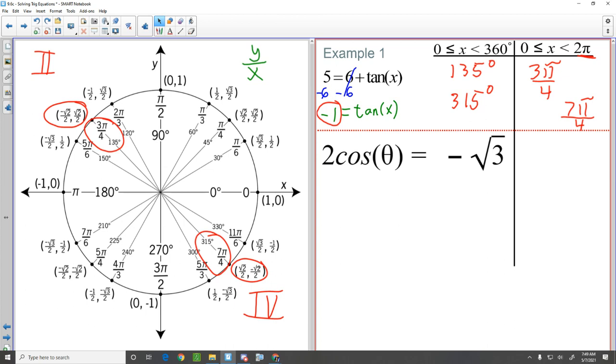So get the cosine by itself first. Yeah, awesome. Yes, great. So its cosine, is that the x coordinate or the y coordinate? Yeah, good guess. You got it.